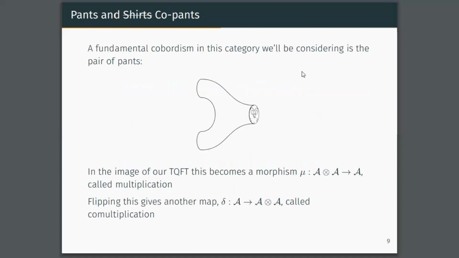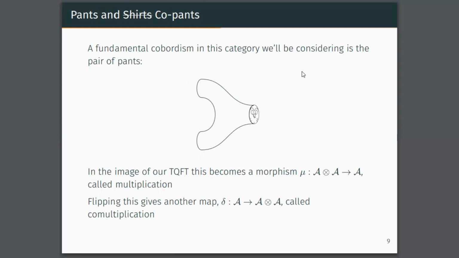So the next fundamental cobordism is called the pair of pants. That's the technical term. And this is effectively a multiplication operation. When we're mapping this from the cobordism category to vector spaces, we're saying that the pair of pants has to become this linear map from A tensor A to A. For other reasons, we'll also see this is strongly similar to multiplication.